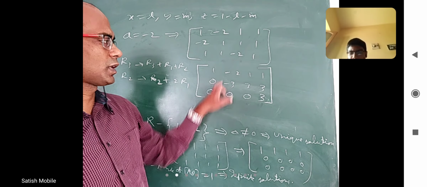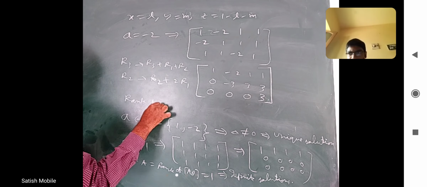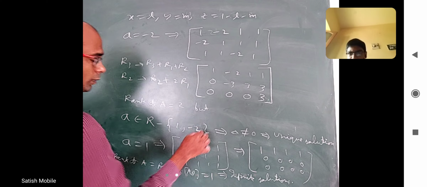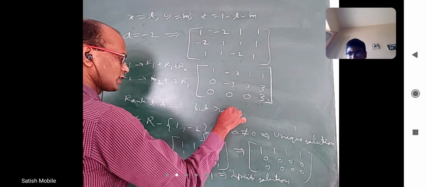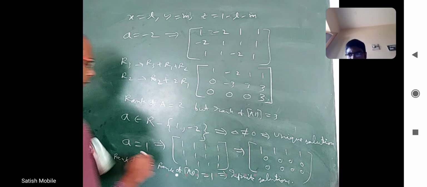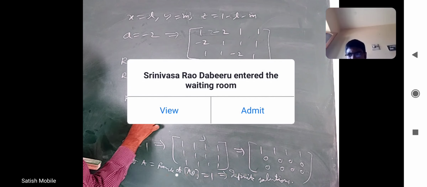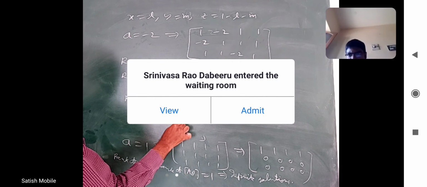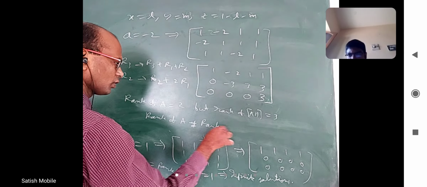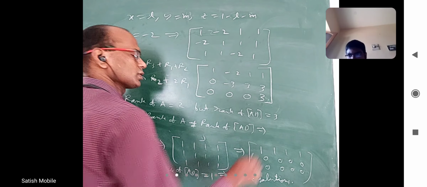So rank of A is equal to 2, but rank of augmented matrix is 3. So rank of A is not equal to rank of augmented matrix, implies no solution.